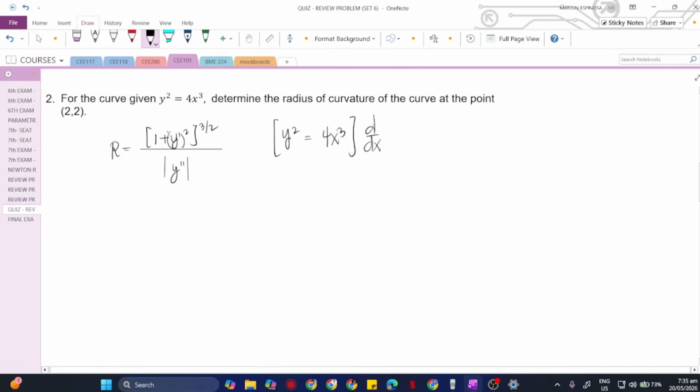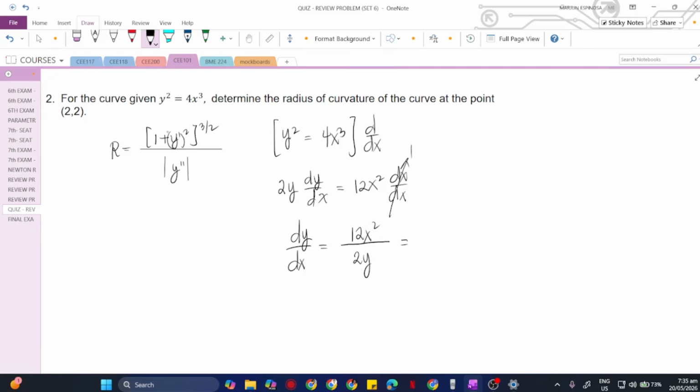The derivative of y squared will be 2y, dy over dx, equivalent to 12x squared, dx over dx, and dx over dx is just equivalent to 1. So let's isolate dy over dx, and that would become 12x squared over 2y. Then simplify this, we get 6x squared over y. That is our first derivative, or our y prime.